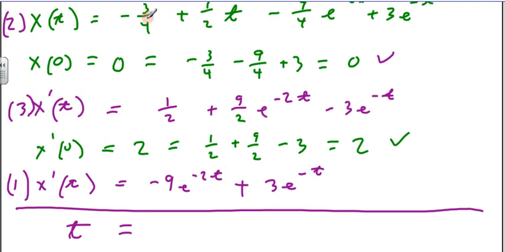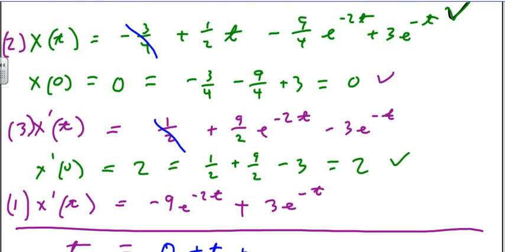Okay, so I've got minus 3 halves plus 3 halves. Boom, boom, 0. I've got t plus t.